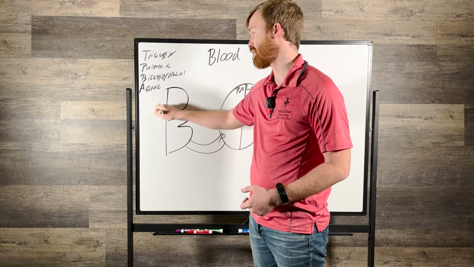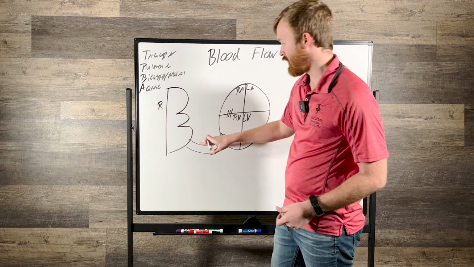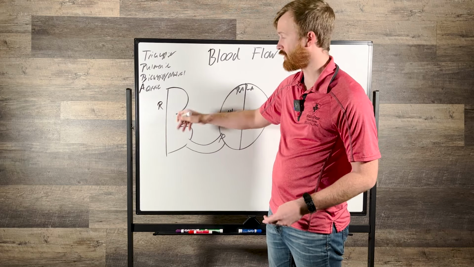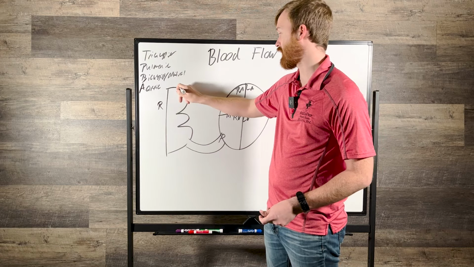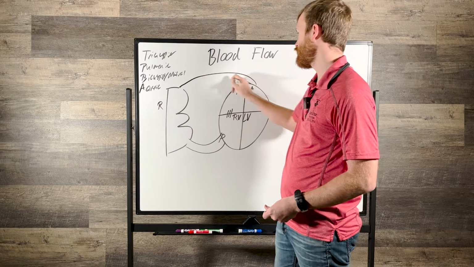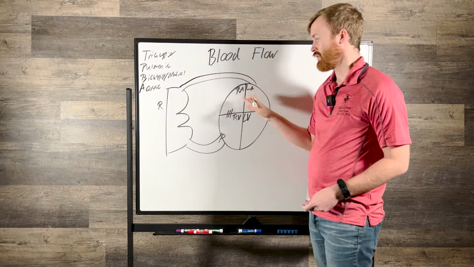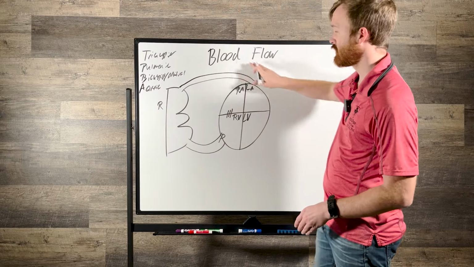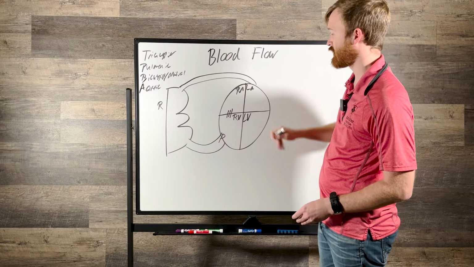And in this case, this is our right lung. And as it's pumping the blood through your right lung, eventually it's going to need to pump back out, and it's going to come into our left atrium. So, blood has left the right atrium, right ventricle, went through the lungs, become oxygenated now, and it's come over here to the left atrium.